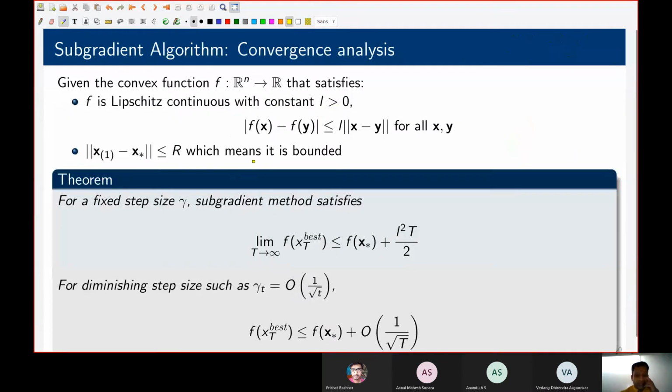Okay, so here is a convergence analysis. If you have f being Lipschitz continuous with constant L, we can't talk about smoothness, by the way, because we are now looking at subgradient. Subgradient would mean smoothness or strong convexity ruled out, at least everywhere.